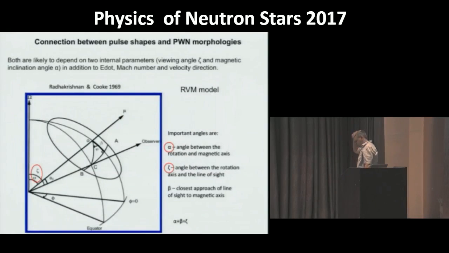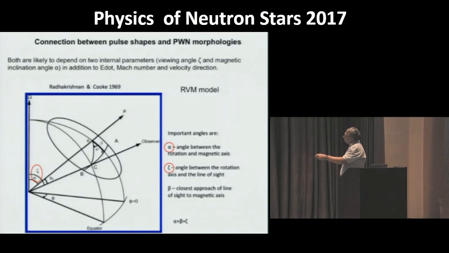The other topic that I would like to talk about for 5 minutes perhaps is relating the pulse shapes and pulsar wind nebulae morphologies. You should forgive me, I will be going really quickly through the pulsar light curve terminology because of the lack of time. So I will basically say that there is a rotating vector model everyone probably knows here.